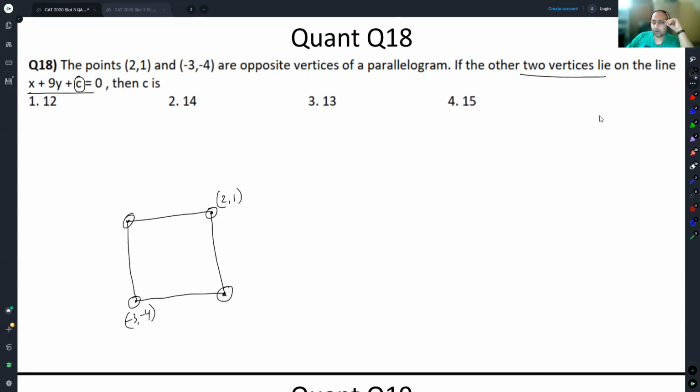Just look at this. What all do we know about parallelograms? Opposite sides are parallel, opposite sides are equal. What else? Anything else that we know about parallelograms? Diagonals bisect. Perfect.